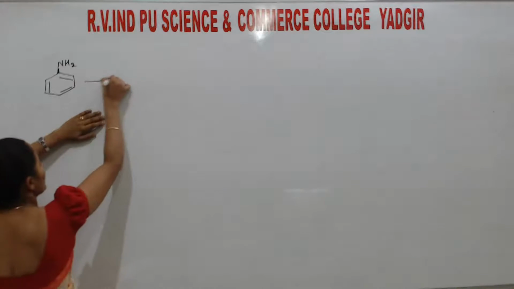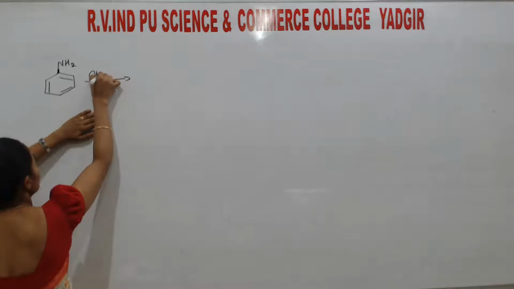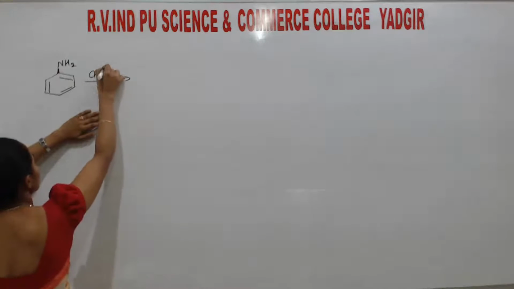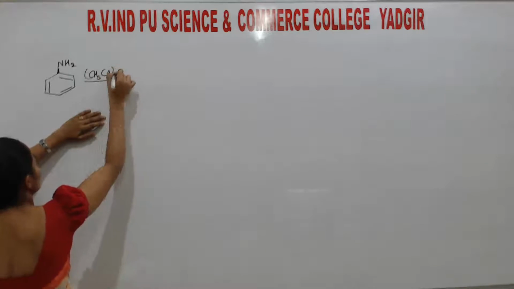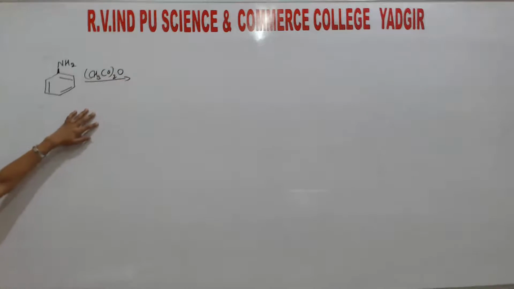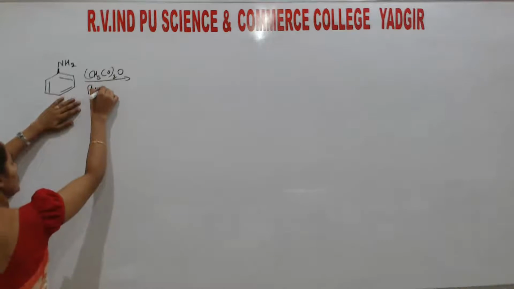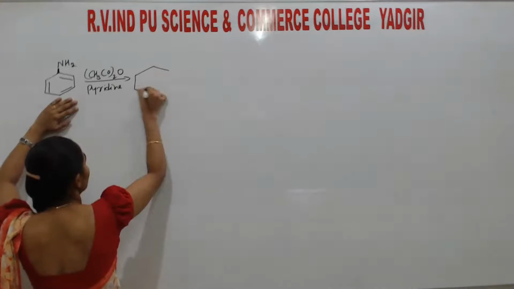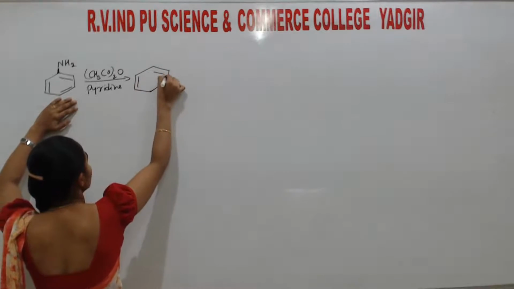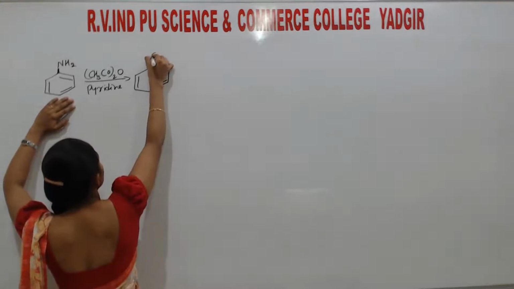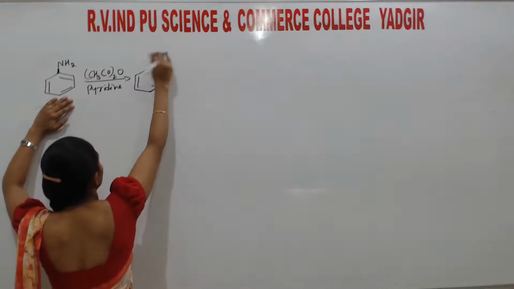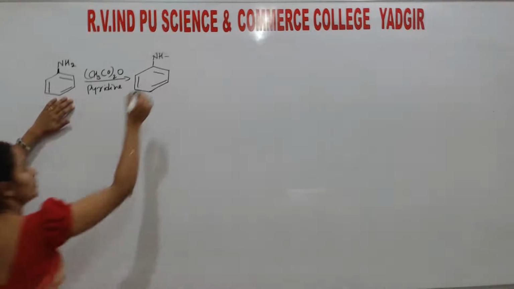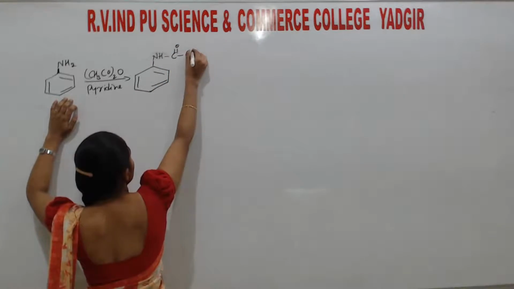They form CH3, C double bond O, CH3CO twice O, acetic anhydride, in presence of pyridine. So then what happens, students? Here, this group is protected like this: NH, C double bond O, CH3.